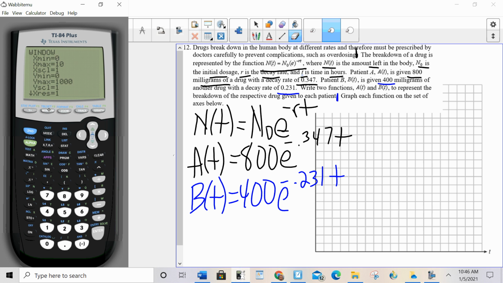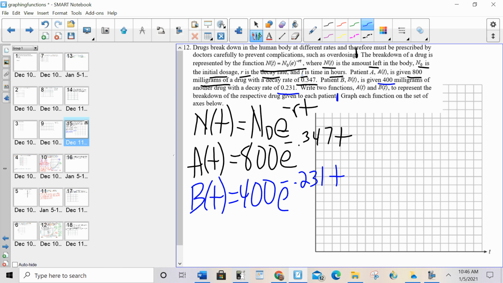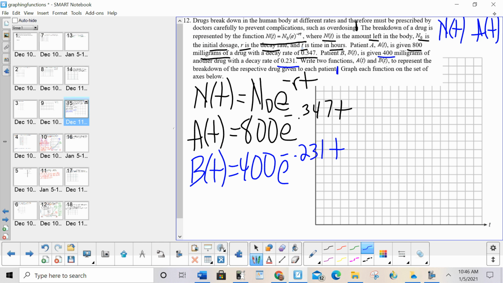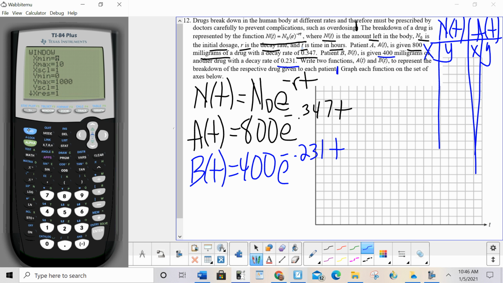So I'm going to do N of T and A of T. I'm definitely getting a little scrunched on space here. In fact, I don't think this is going to work out too well for me space-wise, but we got big numbers. Now, these are all kind of nasty numbers.